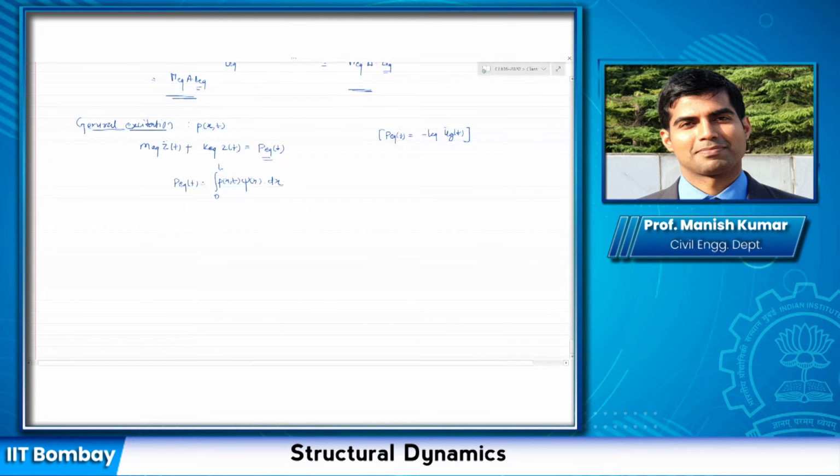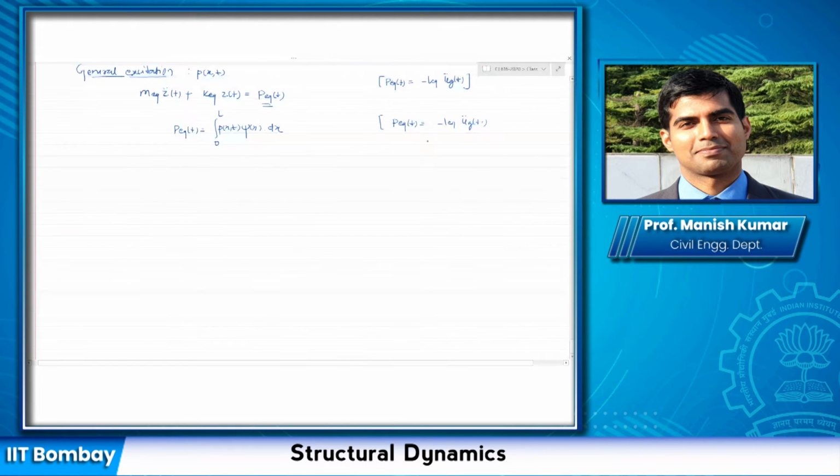So the same expression for earthquake excitation, remember, was minus L equivalent times ug of t, where L equivalent was, let me just write it as 0 to L m(x) times phi x times dx, and this whole thing times ug double dot t.